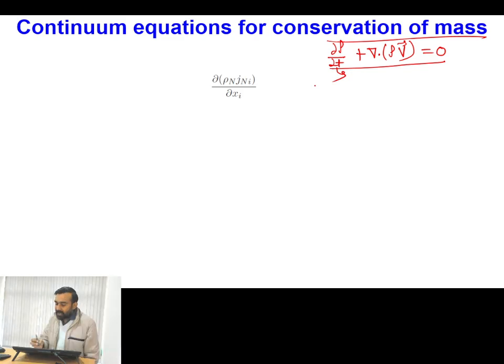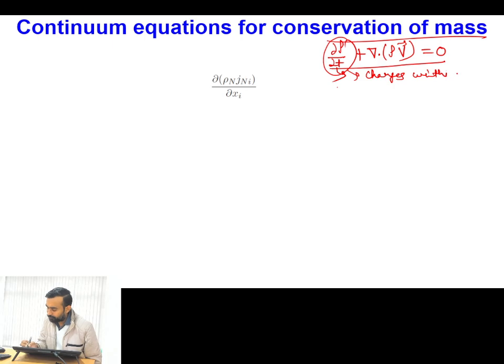This represents the density change with time because it is written on a per unit volume basis. So understood on a per unit volume basis, it represents the rate of change of mass within the control volume with time for a unit control volume. It means this represents the changes within the control volume.